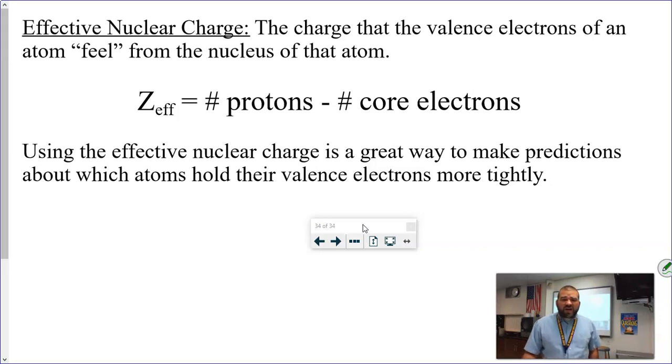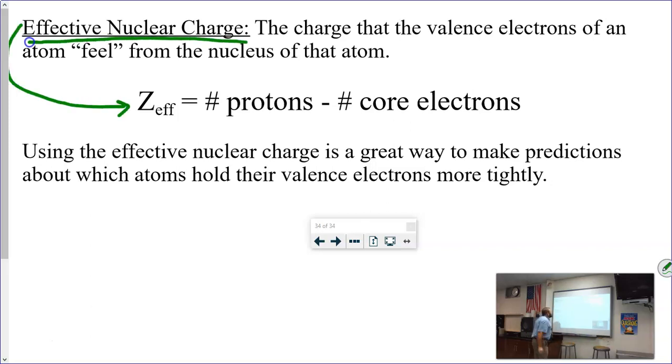There's a generic qualitative equation that we can use. The symbol for effective nuclear charge is Z subscript EFF.